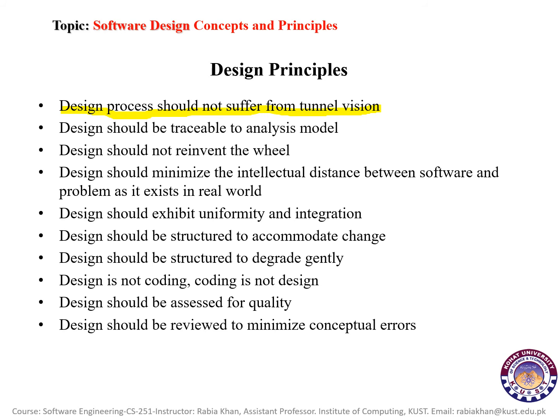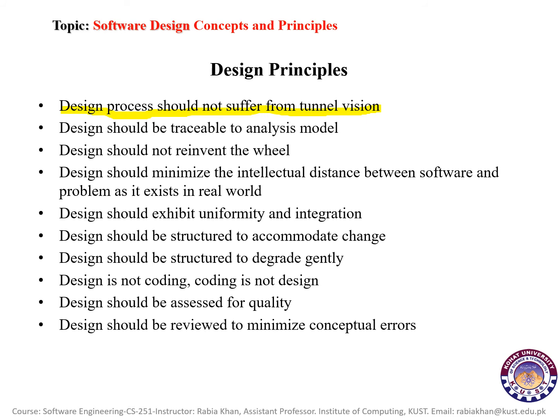Whatever possible solution can be available to design a better software design should be utilized. He must not focus on one direction only, which will suffer from tunnel vision. He should consider different alternative approaches.